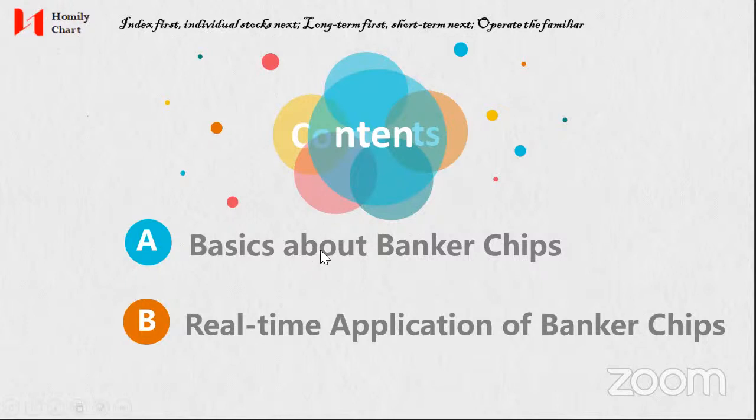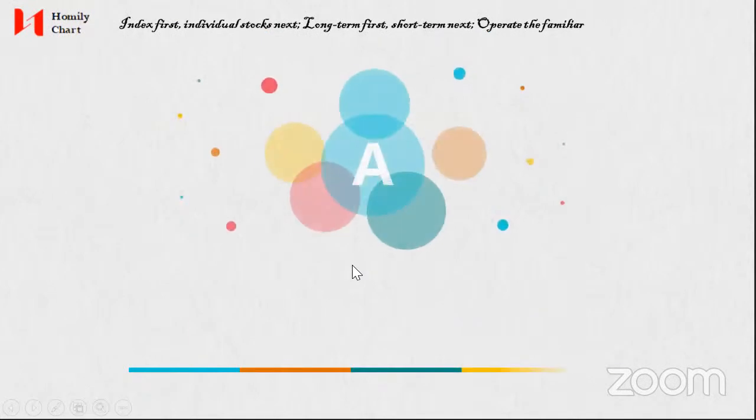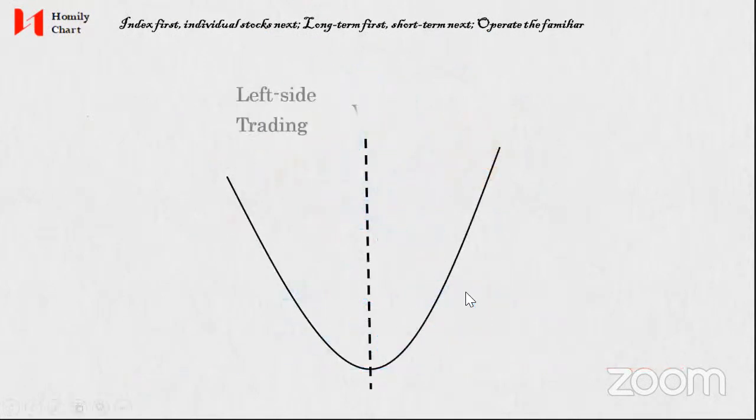So firstly, let's check the basics about Banker Chips. Before we check Banker Chips, I need you to make clear this concept of left side trading and right side trading.